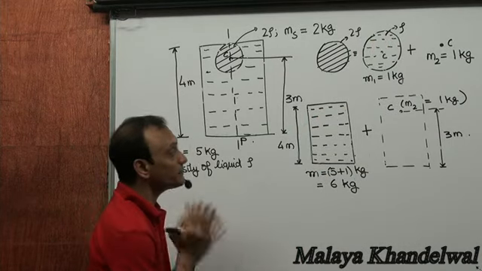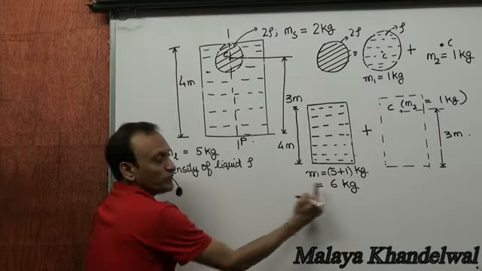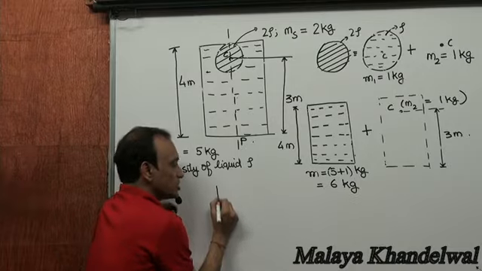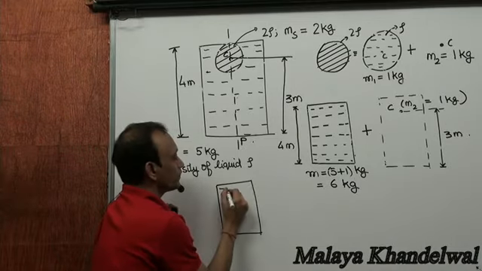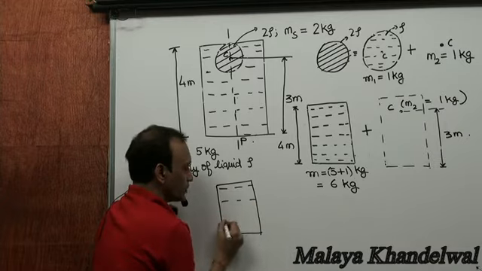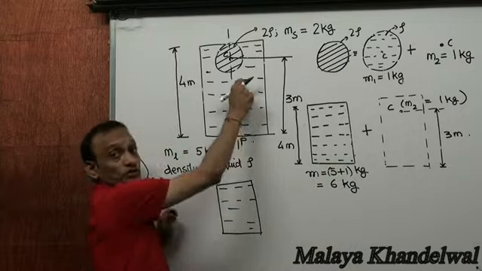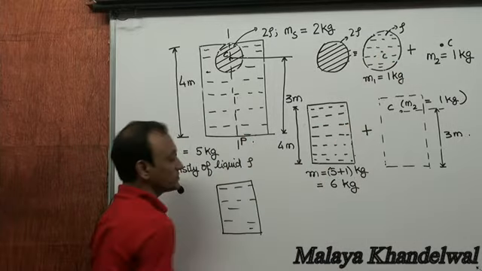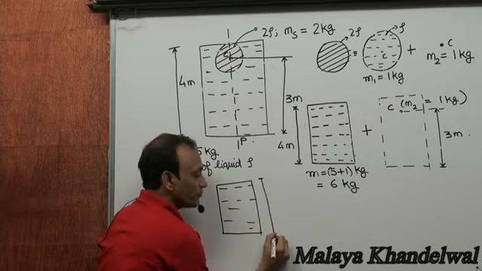How about it, right? So what we have is a tank, essentially, which is filled with a liquid of density rho, and mass equal to 5 kgs that originally was, plus another 1 kg because of this. That is 6 kgs of the liquid filling up 4 meters.